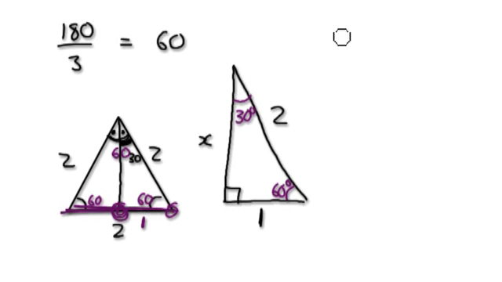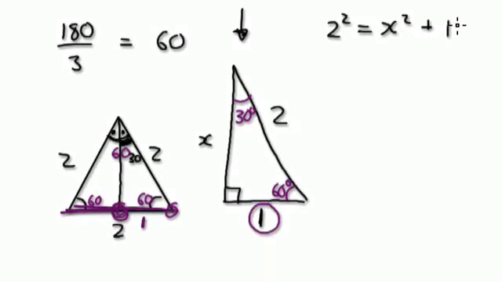The longer side is always on its own. So we are using Pythagoras now: 2 squared equals x squared plus 1 squared.